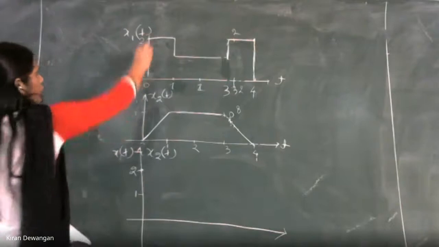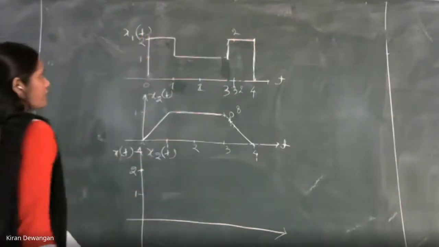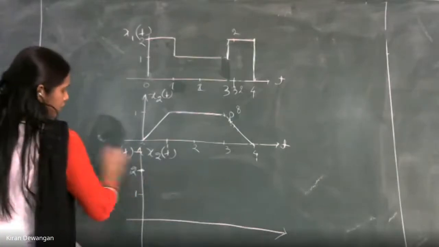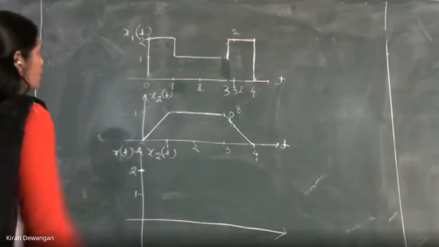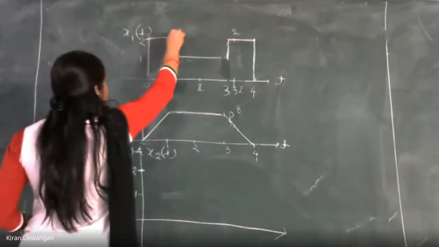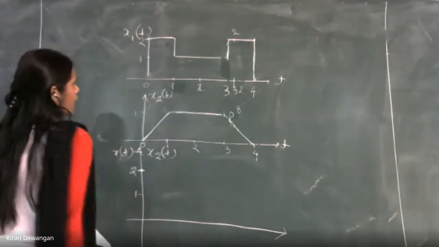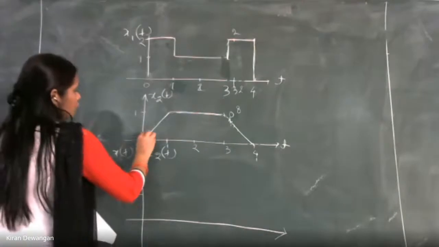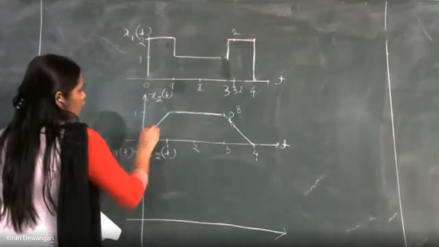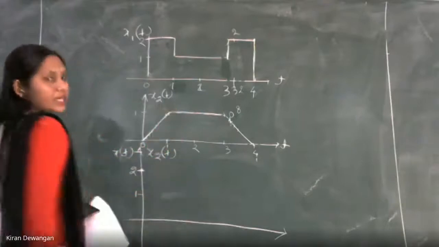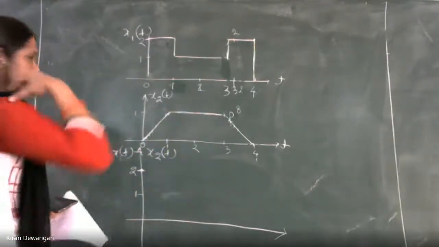Now at this point, this x1t has the value 2 and this has the value 0. So finally it will start from 2. अब ये 2 है 0 से 1 के बीच में and this is the increasing value. यहाँ पर 2.2 है, 2.3 है, 2.4, 2.5. At this point it will be 0.9 and then finally it is 1. ठीक है?